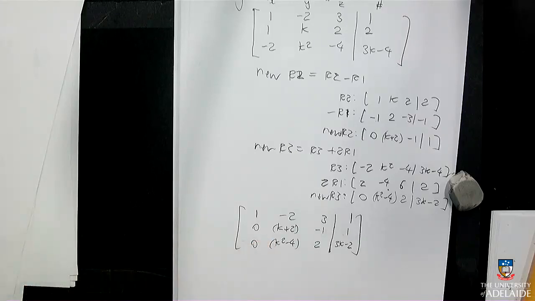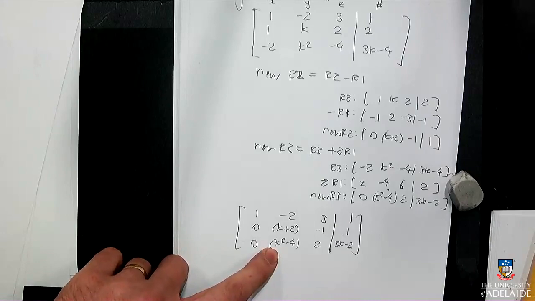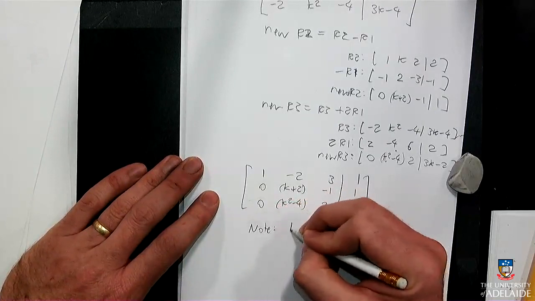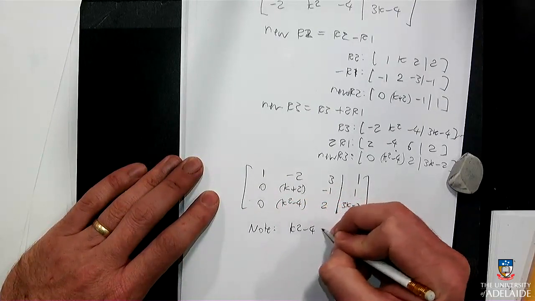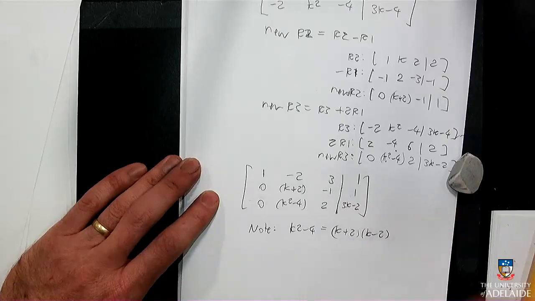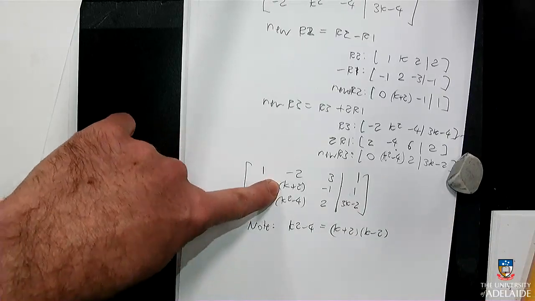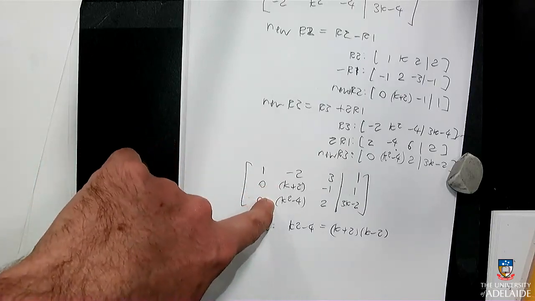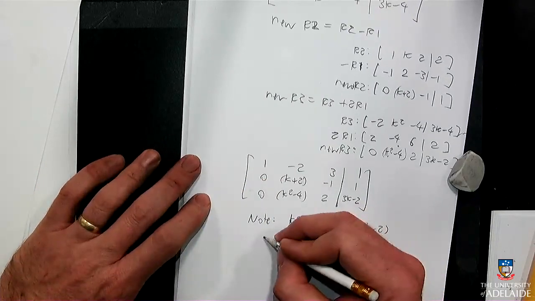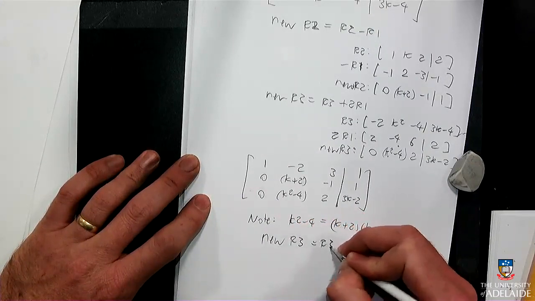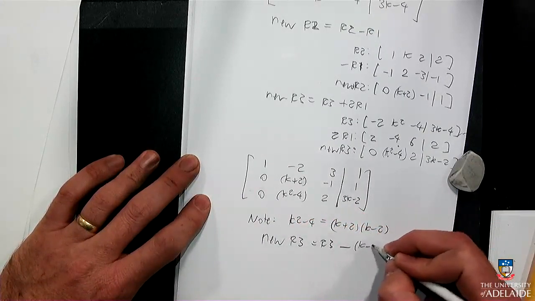Actually, k squared minus 4 is the same as k plus 2 times k minus 2. So if we multiply this by k minus 2, we'd be able to subtract that off and get a 0 in that spot.